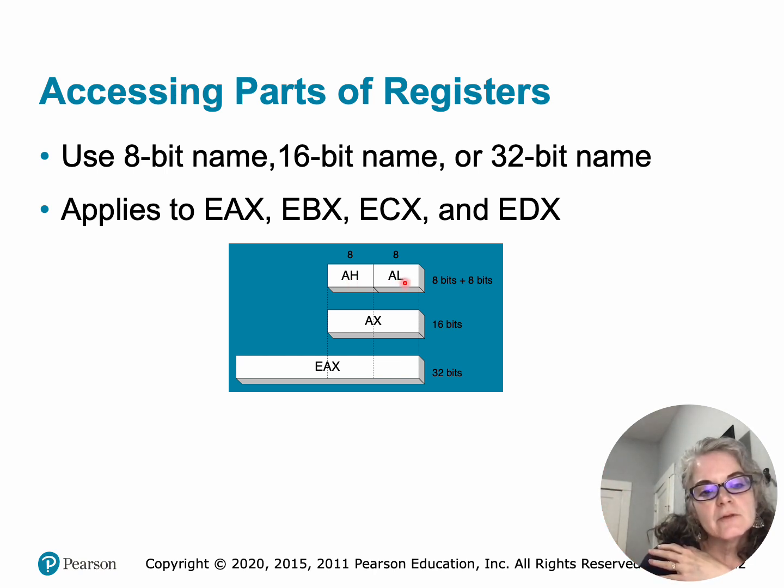L stands for the lower 8 bits, and H is high, the first 8 bits. So AH writes to the first 8, and AL to the last 8. We use A because that's AX. If it was BX, then we would say BH and BL, etc., for each one of these.